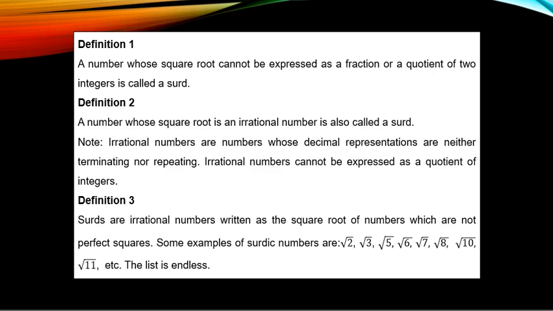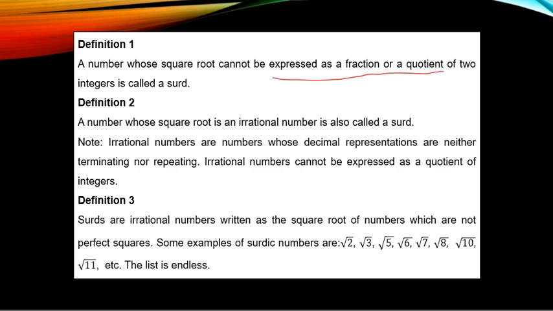The next thing we look at is the definition of surds. Now that we understand rational and irrational numbers, the next thing is to define a surd. The first definition is a number whose square root cannot be expressed as a fraction or quotient.